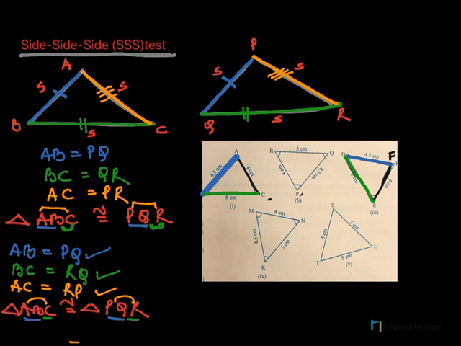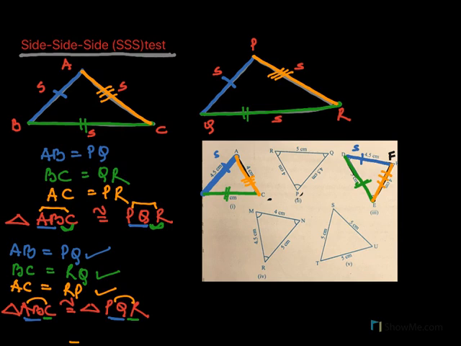In the end, this is 4 centimeters and this also is 4 centimeters. So this side is equal to this, and here we have AC equal to FE.